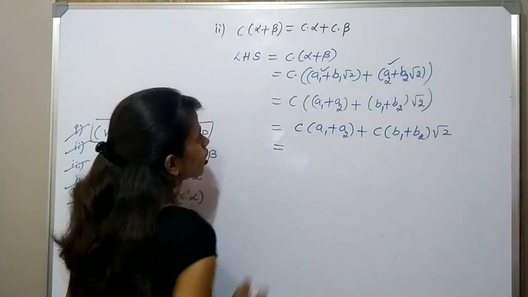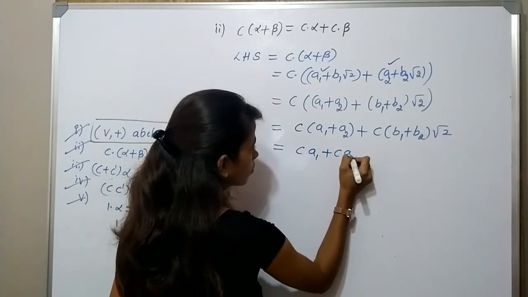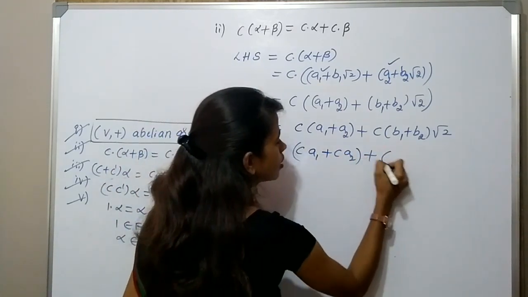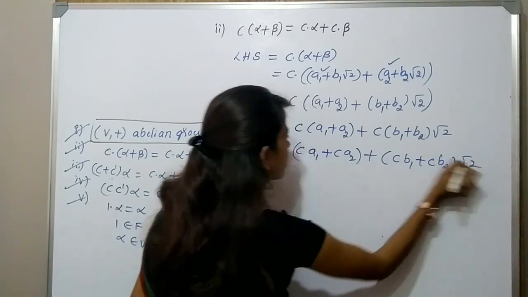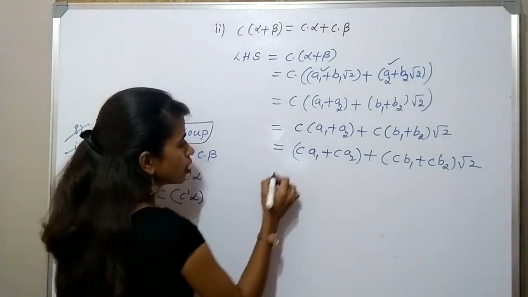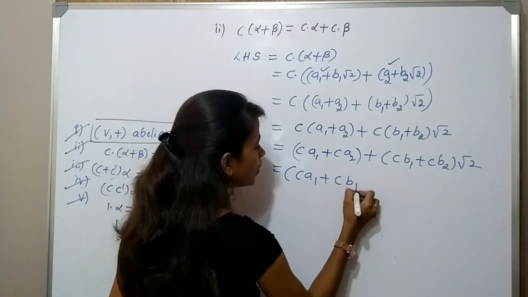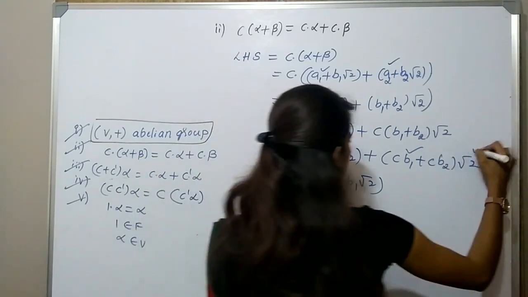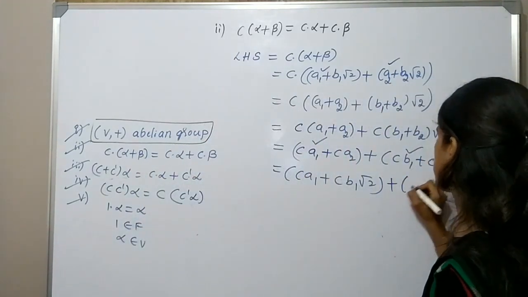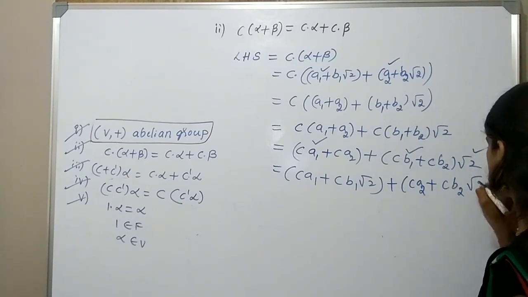So this becomes ca1 plus ca2, and cb1 plus cb2 root 2. Just multiply c within the brackets. Now take ca1 plus cb1 root 2, and next plus ca2 plus cb2 into root 2.